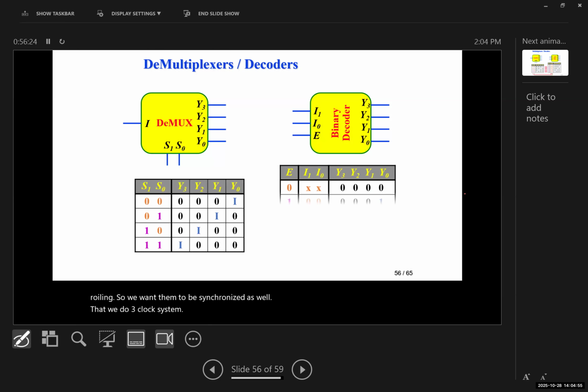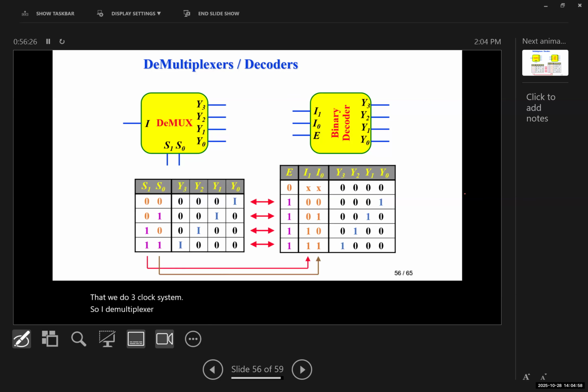So a demultiplexer decoder can be actually connected, and we can build a demultiplexer using a decoder as well. And the way that we do it, the S0, S1 are connected to I0, I1, and we have the enable for the decoder.